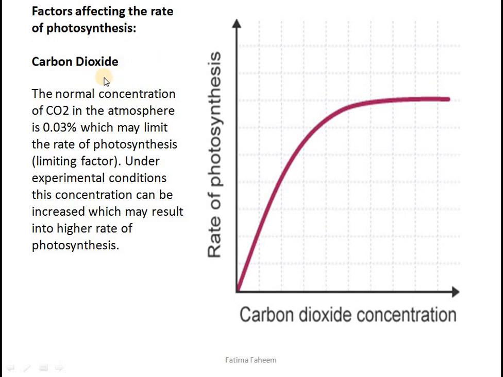It also affects the rate of photosynthesis, as you can see in the graph. As we are increasing the concentration of carbon dioxide, the rate of photosynthesis is increasing, but again it becomes constant after a certain point.